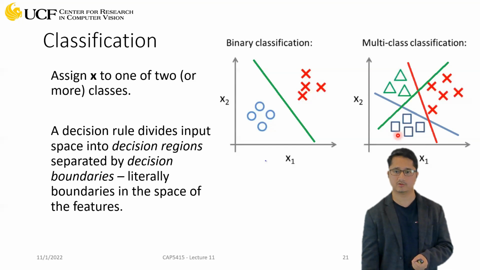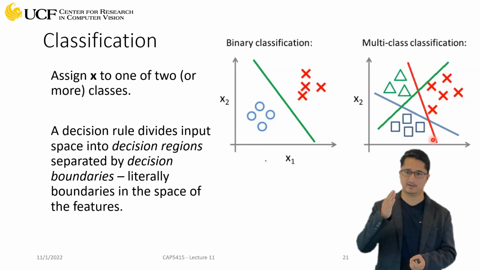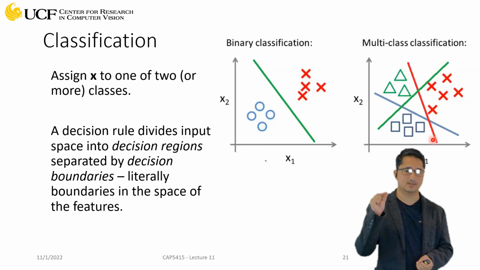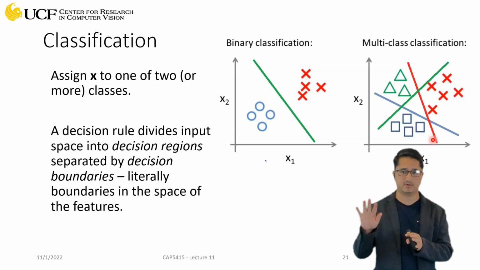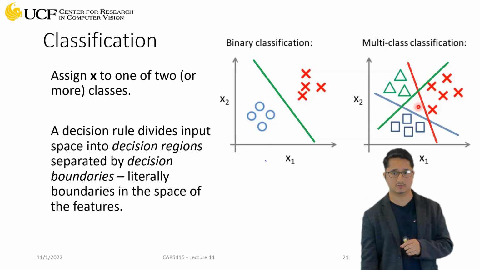So you don't distinguish between green and blue. You treat these as one class. And then you can train a binary classifier, which is the red line. And once that is trained, that red line can tell you whether the red crosses are present or not. You don't care about what the other classes are. You only care about red crosses. Okay, so that's one linear classifier for you.